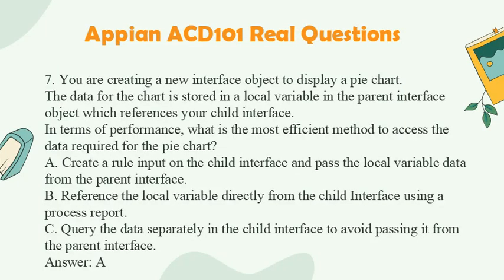A. Create a rule input on the child interface and pass the local variable data from the parent interface. B. Reference the local variable directly from the child interface using a process report. C. Query the data separately in the child interface to avoid passing it from the parent interface. Answer: A.